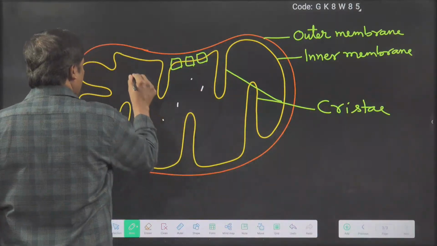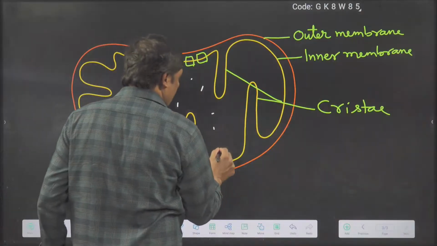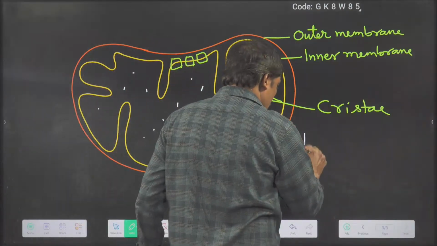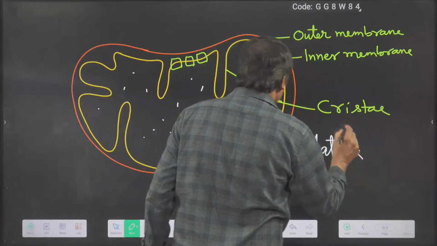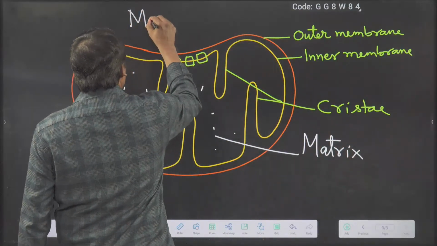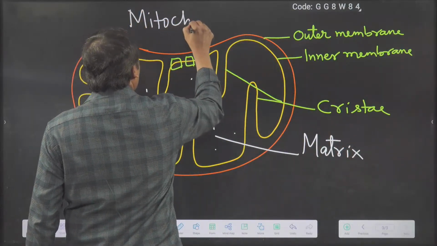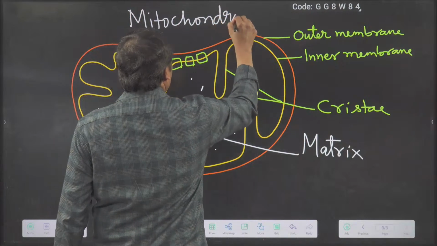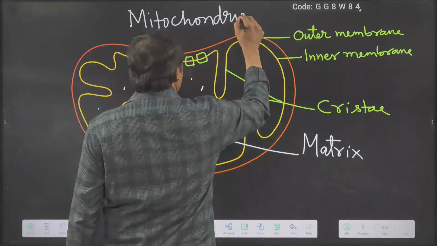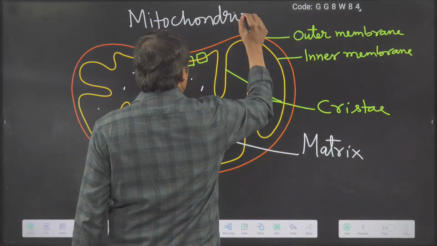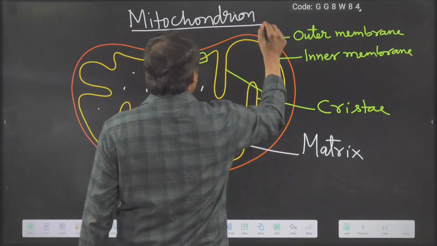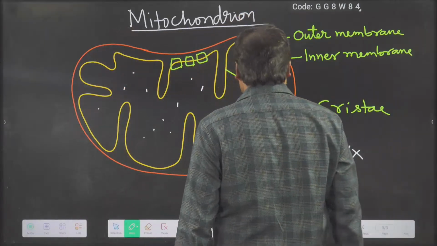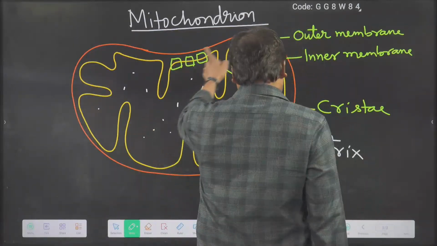And all of you know that this fluid part, this one, is called the matrix of mitochondria. Mitochondrion singular, mitochondria plural, right?